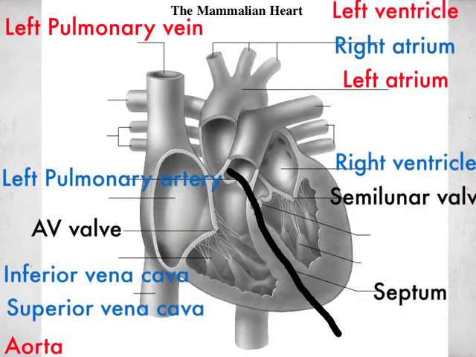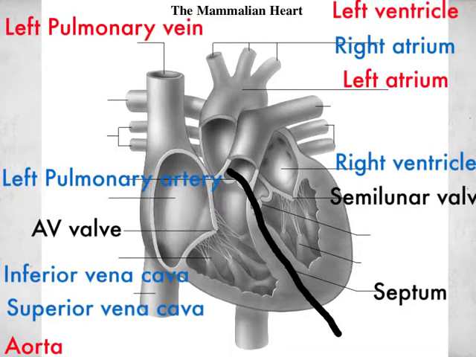The AV valve is a valve that's on both sides. There'd be one here too, and one here, that prevents the backflow of blood when the heart pumps. Blood is supposed to move from the atrium to the ventricle, and this valve prevents it from going the opposite way, in the wrong direction.